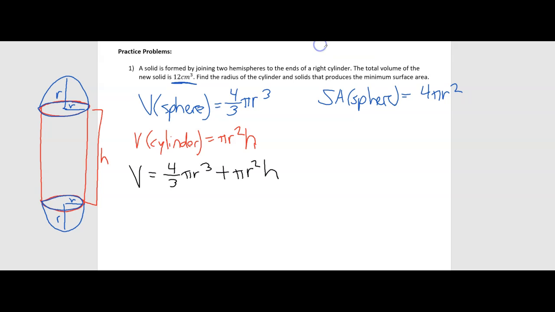Now, we also need the surface area of a cylinder, but we don't need to include the bases, right? If I redraw this cylinder here, I do not need to include the bases because they're covered up by the hemispheres.